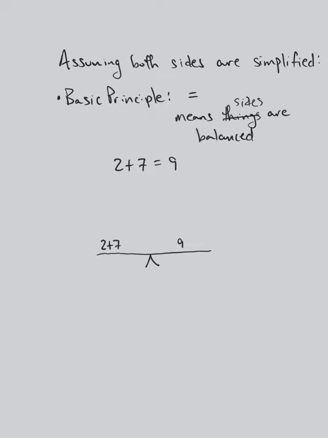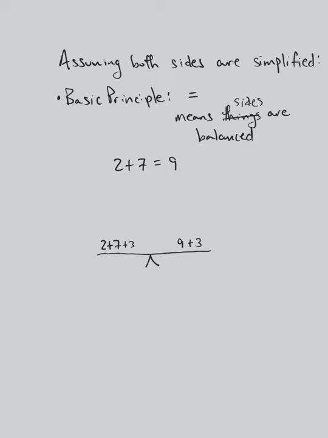But what would happen if I went and added a 3 over here? Well, that seesaw would flip down. There would be more weight over on the left side, right? So what would I need to do to restore that balance? If I added 3 units over on the left side, I would add 3 units over on the right side, and then it stays balanced.